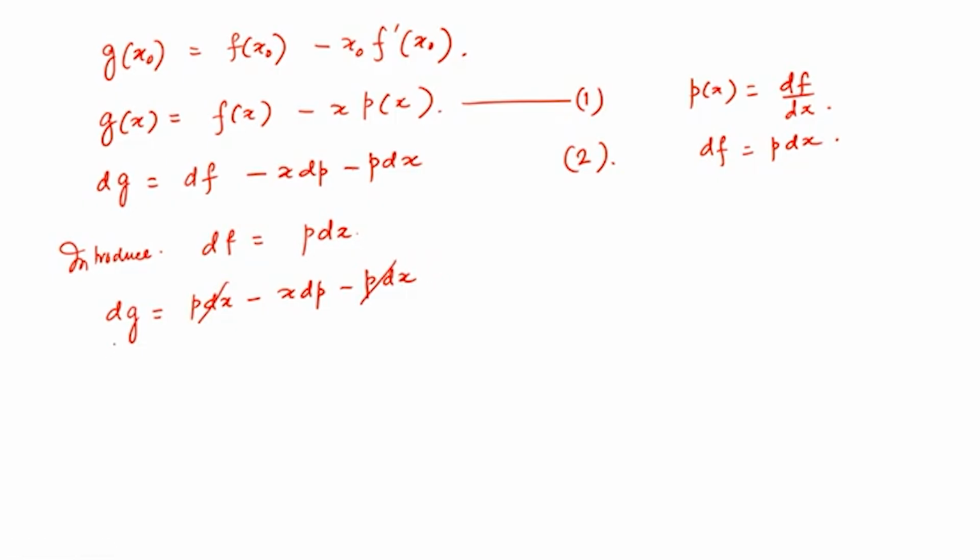So, from the discussion that we have, now you see that g is a function of p only, okay, because p is the independent variable, x is a dependent variable. So, g is a function of p only, and if you want to actually calculate the explicit form of g, that is possible.